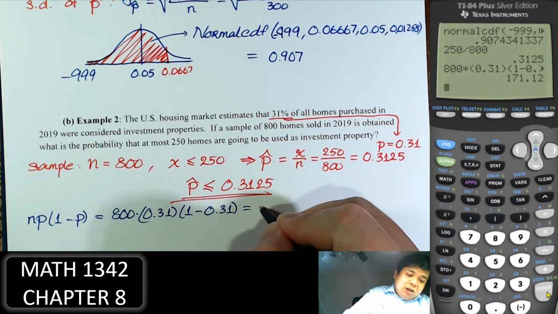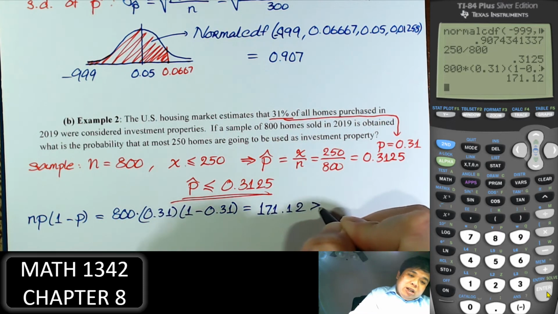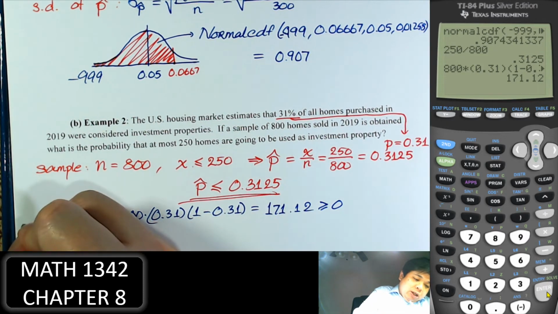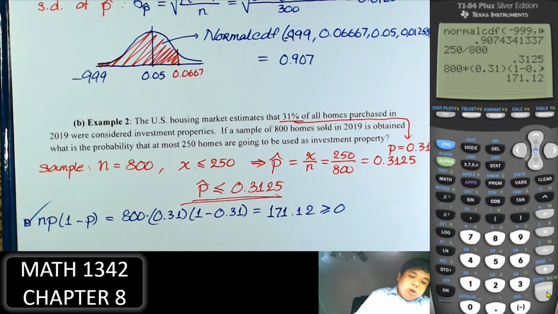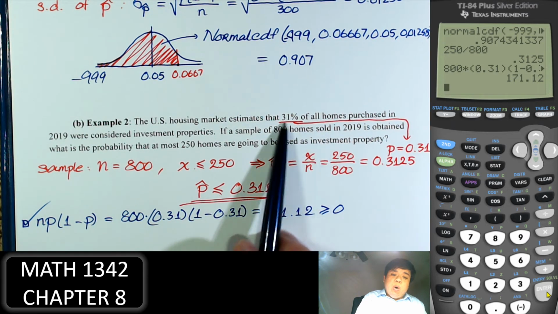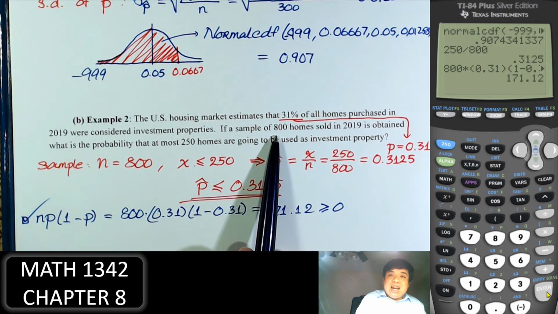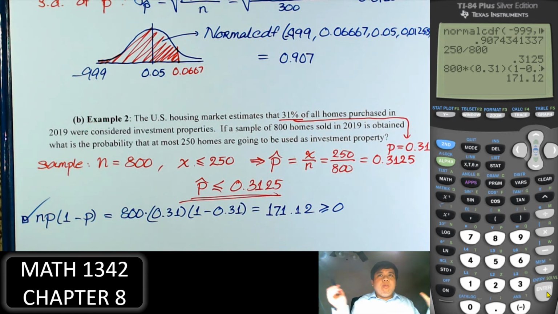And that is 171.12. Of course, that's greater than or equal to 10. So that's good. So this is approximately normal. Of course, we also check that the 800 homes are considered with all the homes in the United States. So of course 800 is less than 5% of the whole population of all the houses in the market. So that's good.